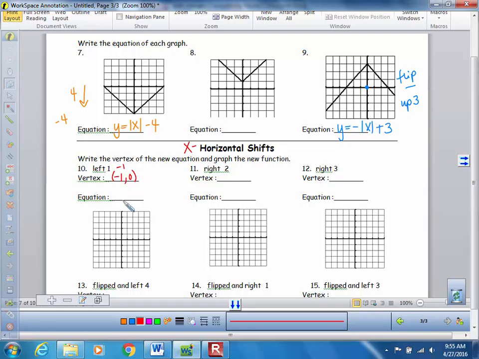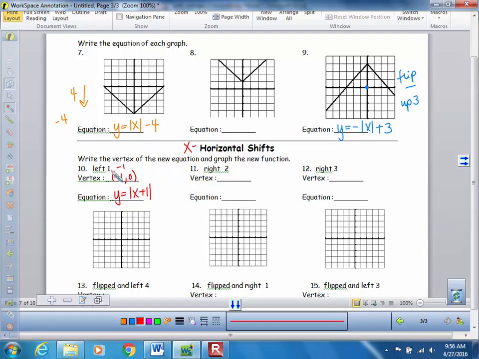Now, where is x located in that equation? In the absolute value. So that's going to give me y equals absolute value of x. And if it's -1, what sign goes there? A positive. So +1. And then since it's 0, we don't have to write anything out here. We don't have to write +0.